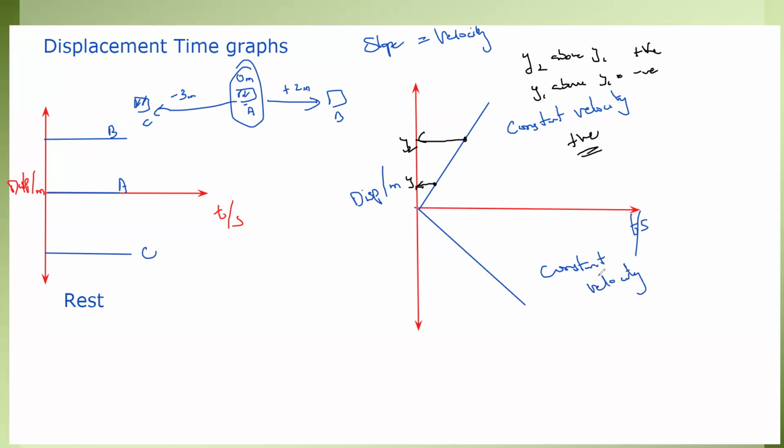That is one thing. But what about the value of the velocity? Will the velocity be positive or negative? How do we work that out? The same way: if I take a point from the x-axis till the graph line, that will be called y1. Then I take another point, that will be y2. You can see y1 is above y2. So if y1 is above y2, it will be a constant velocity, but it will be a negative velocity.